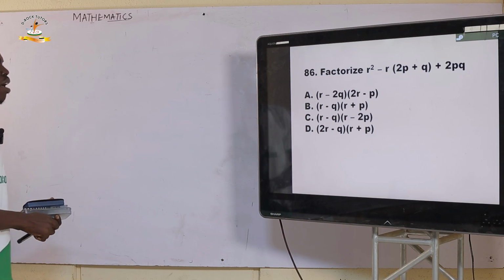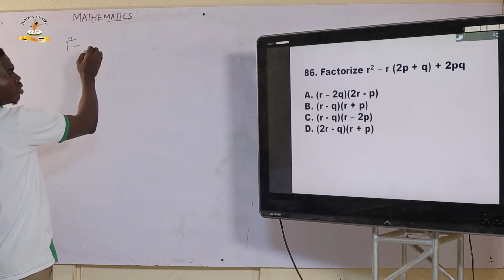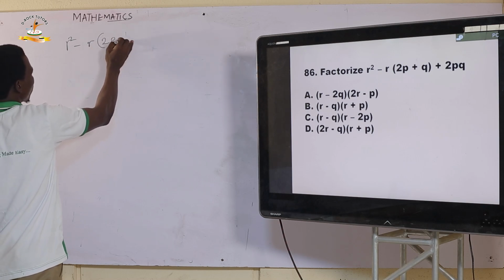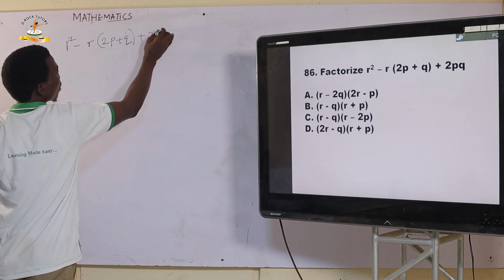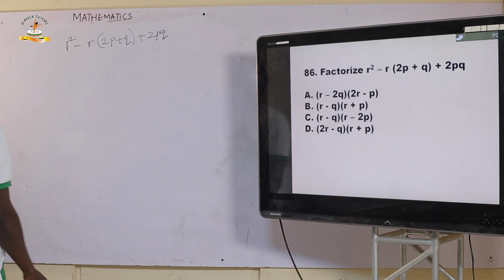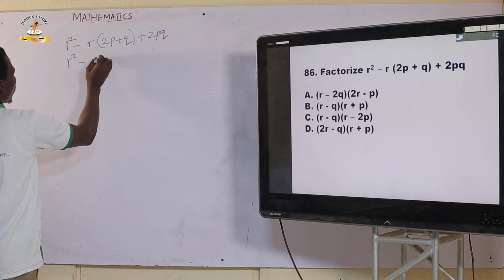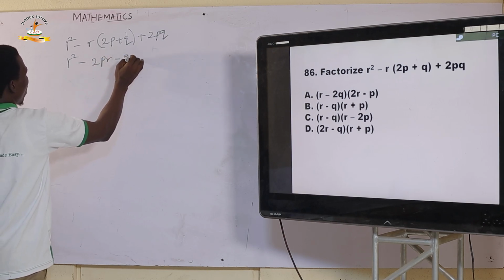So here we're going to have r squared minus r into bracket 2p plus q plus 2pq. The first thing is to open the brackets here. So I'm going to have r squared minus 2pr minus qr plus 2pq.